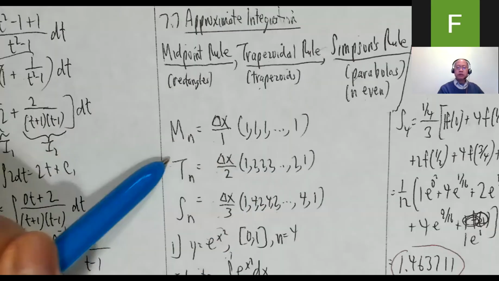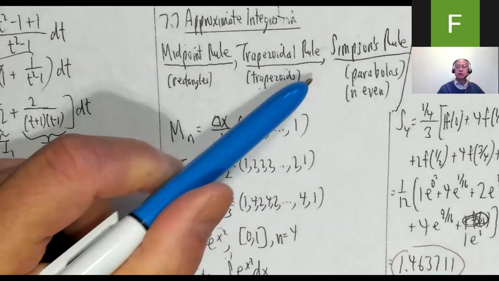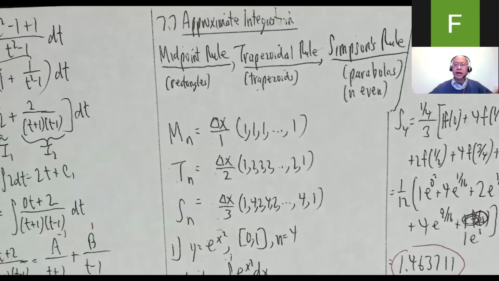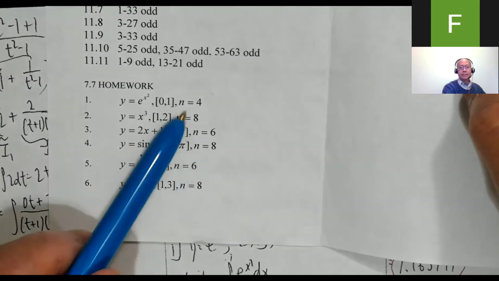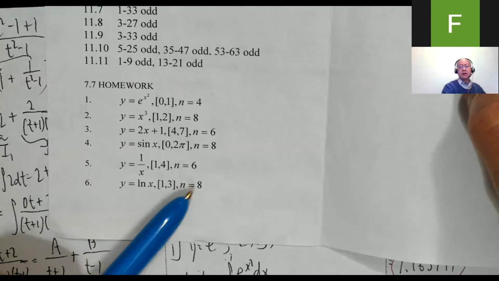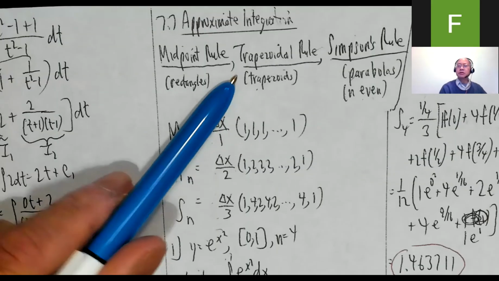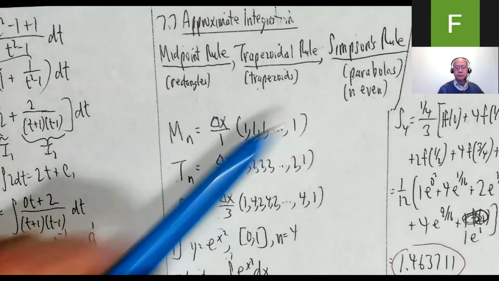Midpoint rule and trapezoidal rule, you don't have to have an even number. Simpson's rule, you do need to have an even number. If you look at the problems that we have, all the n's are even, so you don't have to worry about that. But technically, midpoint and trapezoidal, you could have odd numbers. Simpson's rule, you're not allowed to. It must be even.